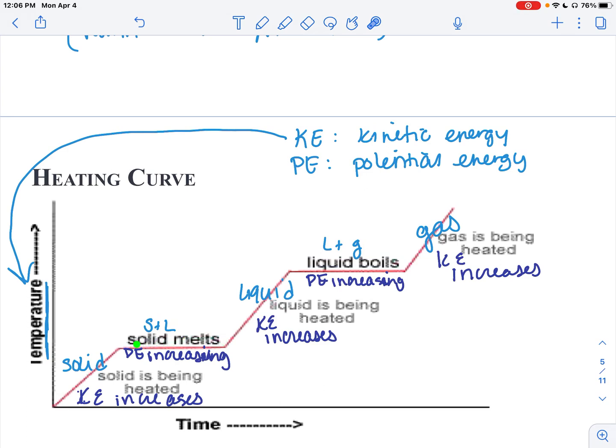And then it's converted to potential energy, so the solid can turn into liquid. Then it's kinetic energy so that the liquid can get to the boiling point, and then it's potential energy so that all the liquid can turn into gas. And then last part, once it's all gas, it keeps getting heated up.